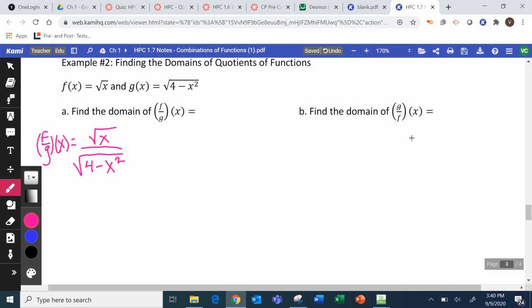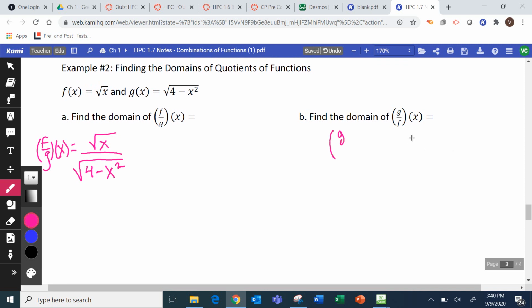Okay, and then for g over f of x, we will have square root of 4 minus x squared over the square root of x.